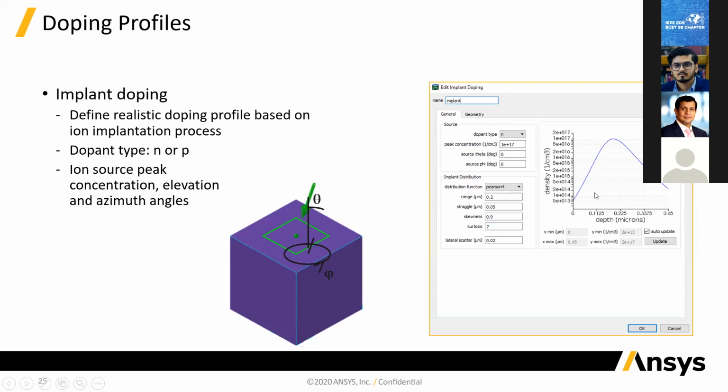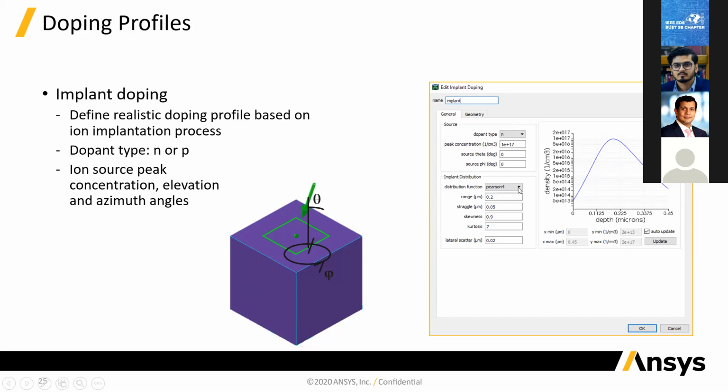And then you define a 1D doping profile as the implant goes inside your geometry. You can use either a Gaussian function or a Pearson-4 distribution, which is more appropriate for ion implantation.